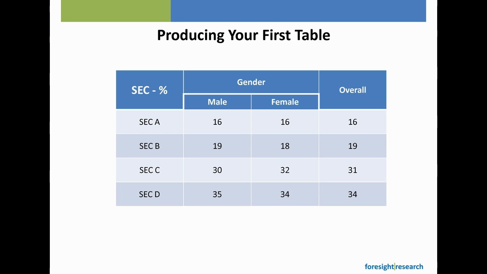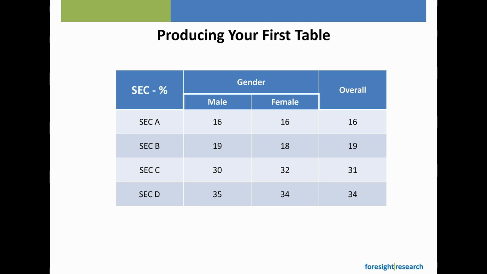This is opposite to the order of the list of variables in MediaSight. It is like this because gender was selected or clicked before selecting overall in MediaSight. So we conclude that the order in which you select variables will be the order in which output will be generated by MediaSight.